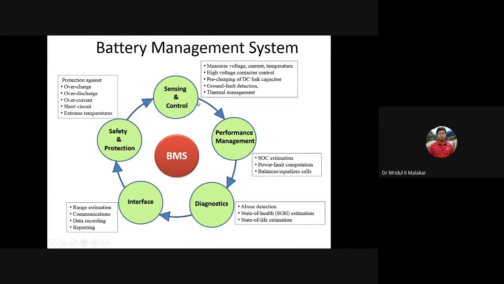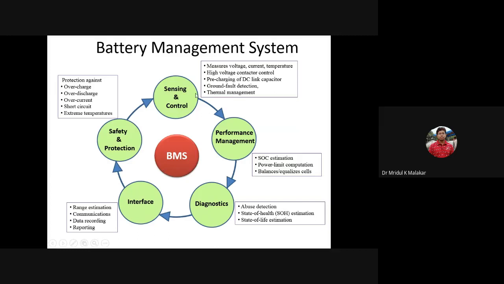You have to sense the battery always, and measure all the cell voltages and check accordingly, because a lithium ion battery gives the proper output at one optimum point. If the temperature is increased or reduced, it will not give the optimized output. So this BMS, battery management system, is required.